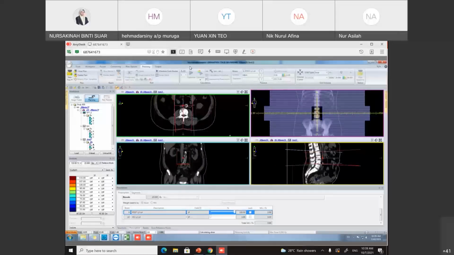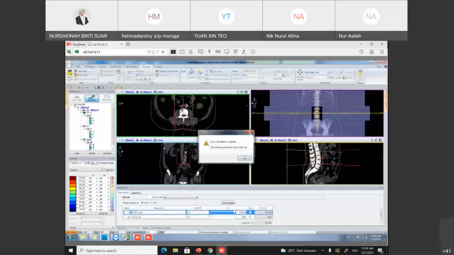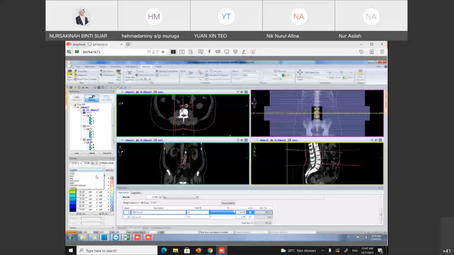So you will expect all the dose from posterior and the isocenter point gets 100%. And this scenario is actually just now where the doctor wants to cover the vertebra 100%. So let me turn on.